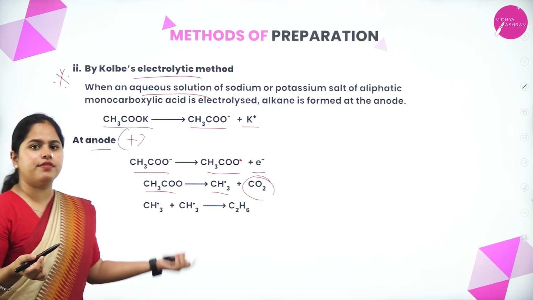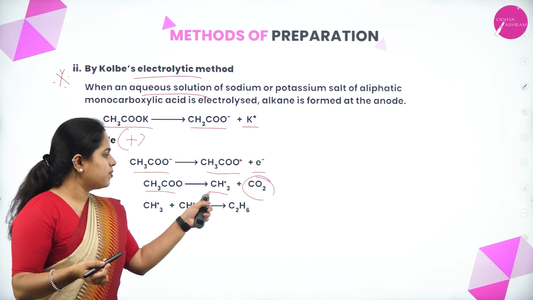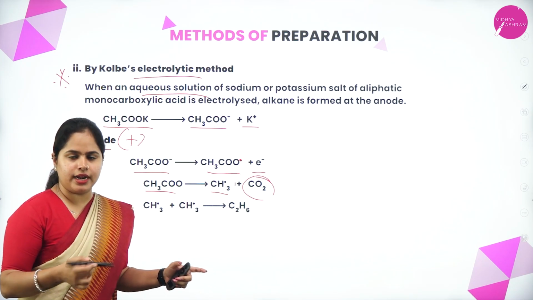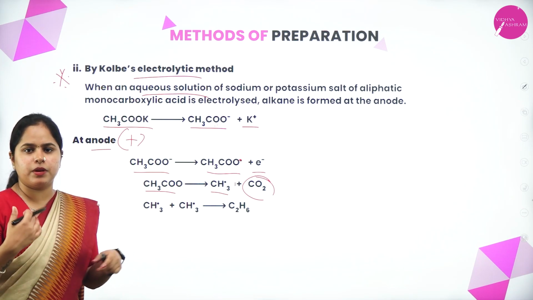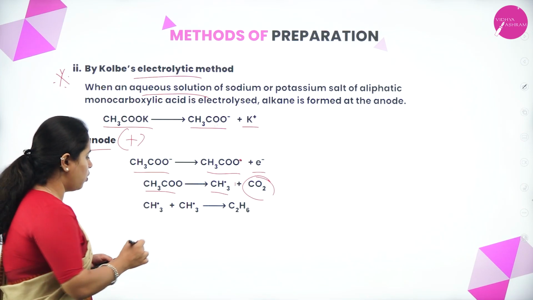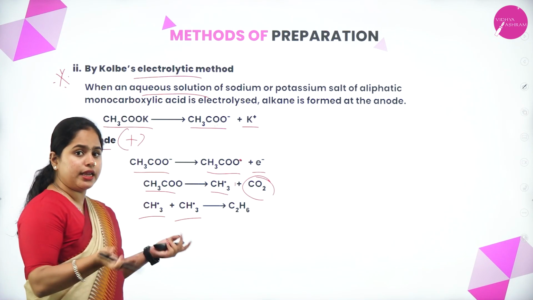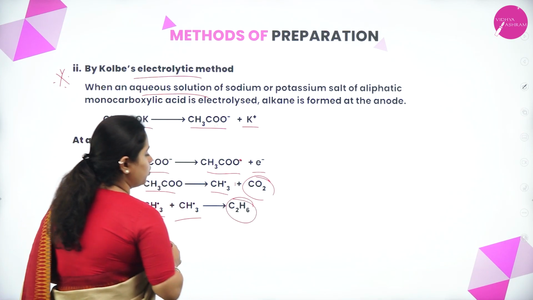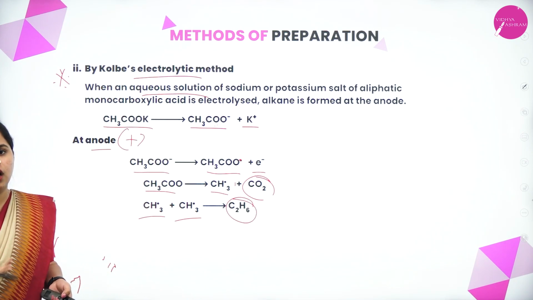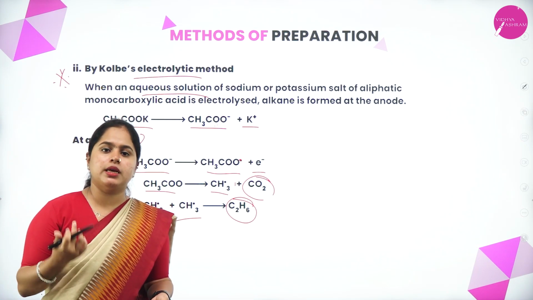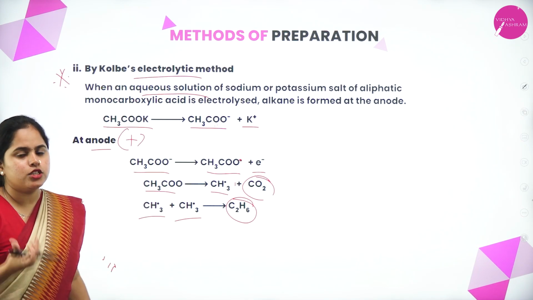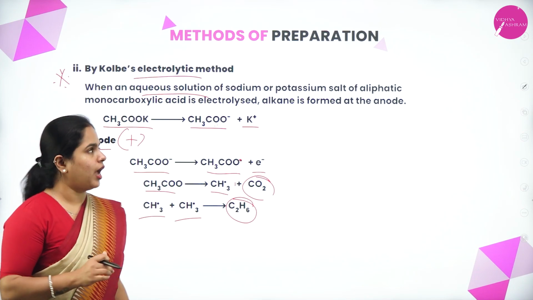Okay, carbon dioxide will be liberated at the anode. Now you have one CH3 radical. Further, this reaction will take place in several steps, right? So what happens is, again you will get a CH3 radical. So two CH3 radicals will combine and form C2H6. So in which electrode are you obtaining the alkane? It is the anode. So the alkane will be obtained at the anode, right?